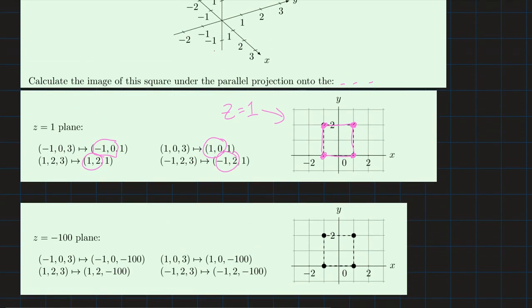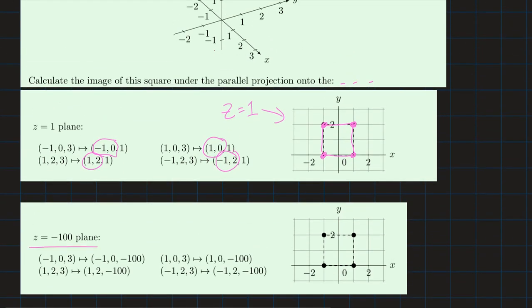Let's just do it. Projecting onto the z equals -100 plane, all you do is replace the z coordinate with -100, for each point. Easy as that. Now I'm going to plot it on the z equals -100 plane.